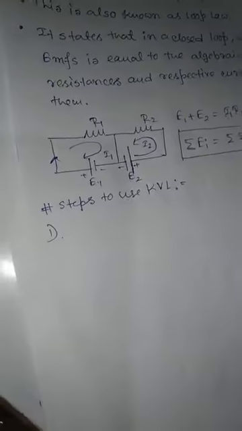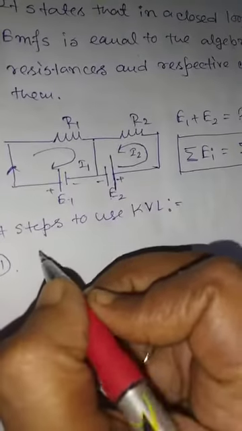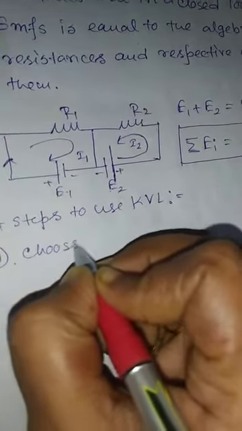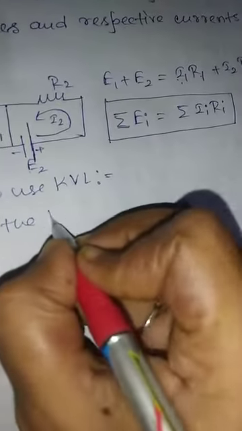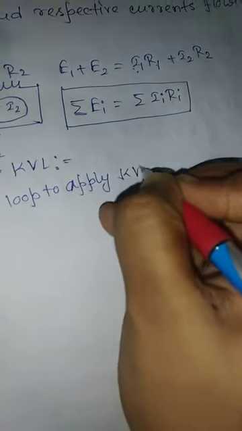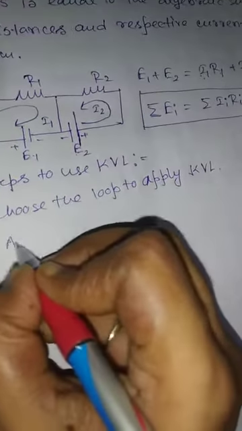First step is to choose the loop to apply KVL. Second point is to assume any direction.